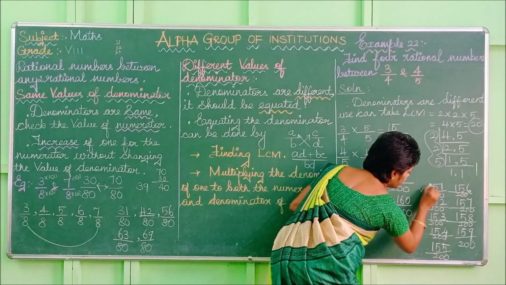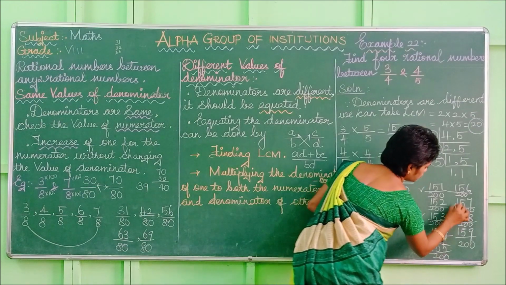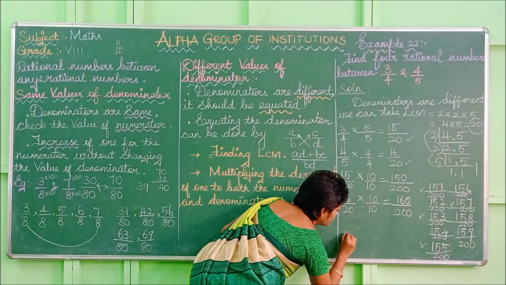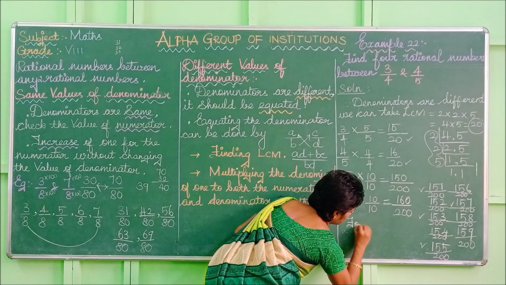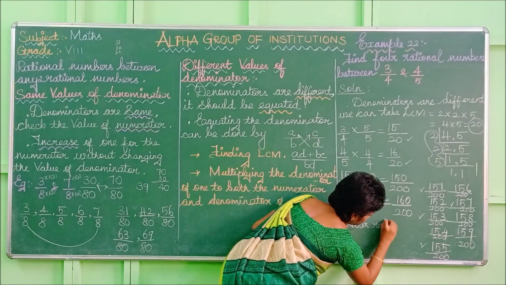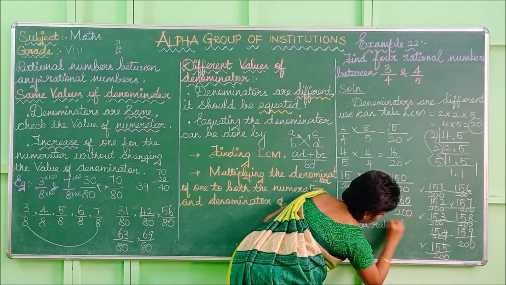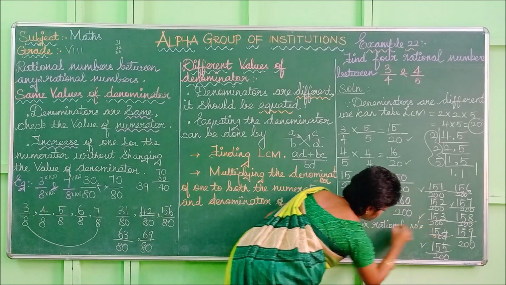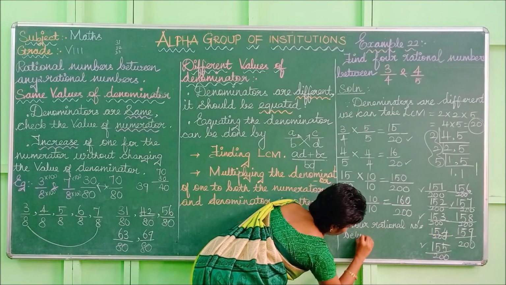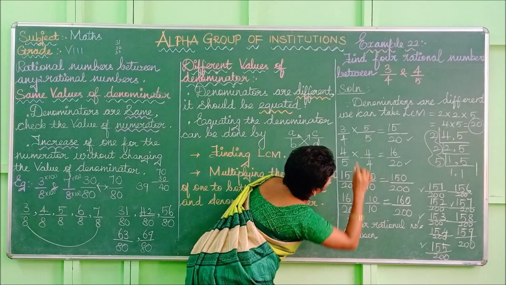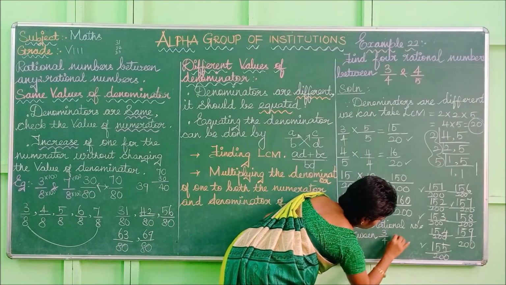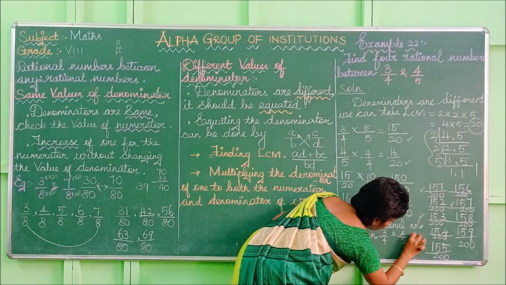So now I am selecting 4 numbers. What are the numbers? 4 rational numbers between 3 by 4 and 4 by 5.